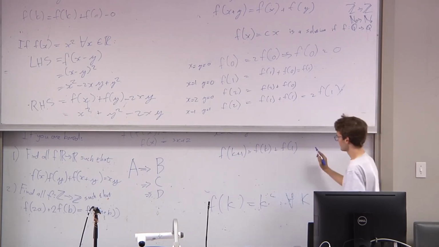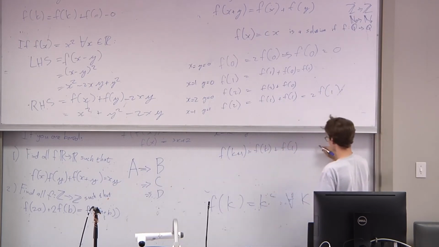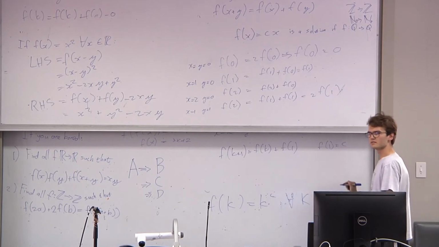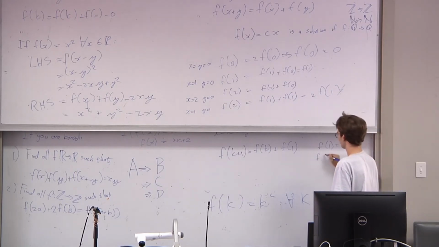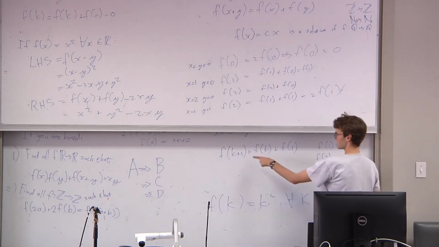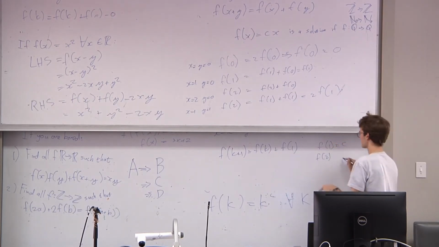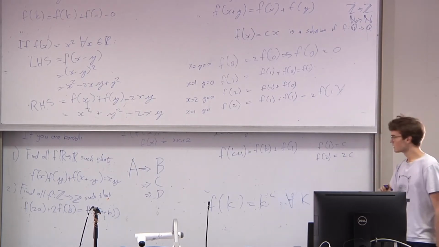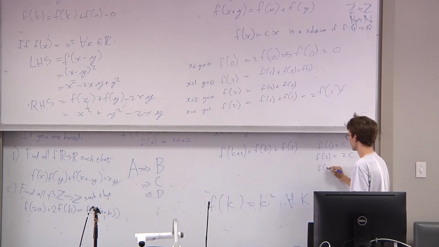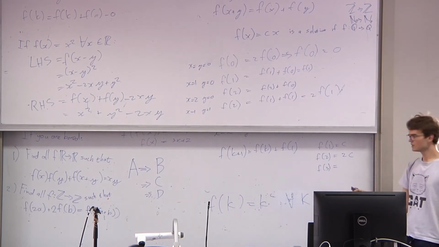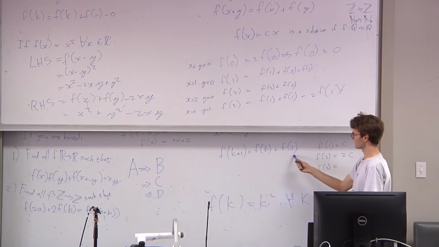For instance, let's say that f of 1 is equal to c, where c is some constant. Then f of 2 is f of 1 plus 1, which is f of 1 plus f of 1, which is 2 times c. And then f of 3 is f of 2 plus 1, which is f of 2 plus f of 1.